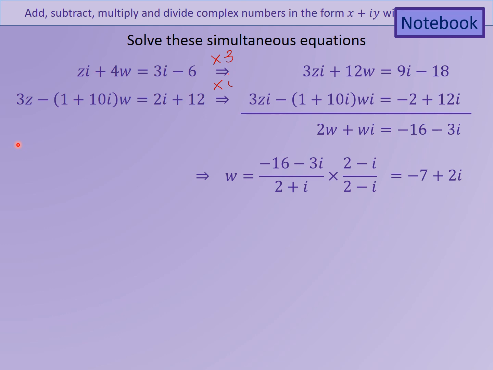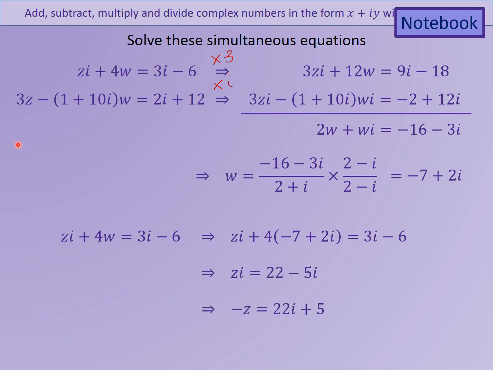This can then be substituted into one of the original equations. Let's take the first one. Substitute in w for minus 7 plus 2i, rearrange, and we can then divide through by i. Sorry, we don't divide by i, we actually multiply through by i here, otherwise we're going to give ourselves a lot more work.